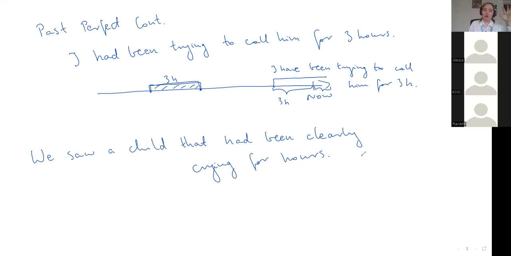Here we go. We saw this child at one moment of time. This child had been clearly crying for hours, and this child was still crying at that moment. But we could say that it was not as if they tried just at that moment or a minute ago, but they had been crying for hours. Their eyes were completely red and swollen up and everything.